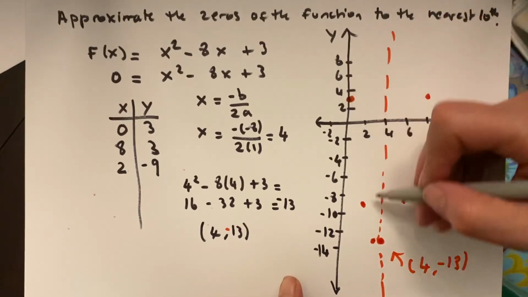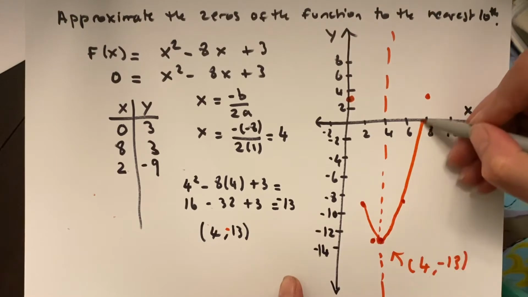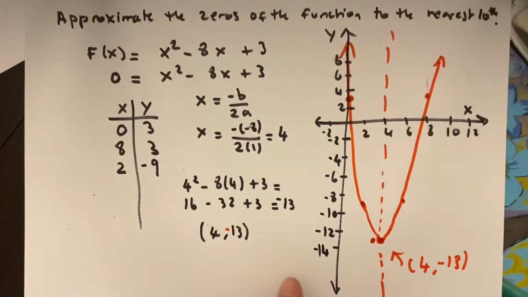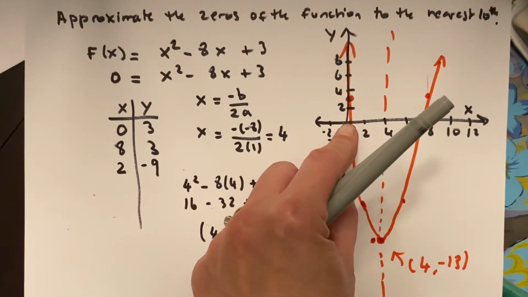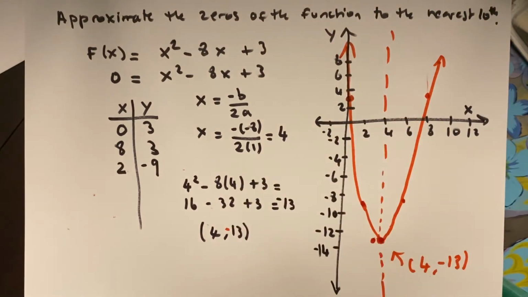I am trying to draw this as carefully as possible on this little white piece of paper because I need to approximate the zeros of the function. So here I know that probably the zeros of this function are going to be between 0 and 1. So this x value is going to be between 0 and 1, and this one looks like it's going to be somewhat close to 8.